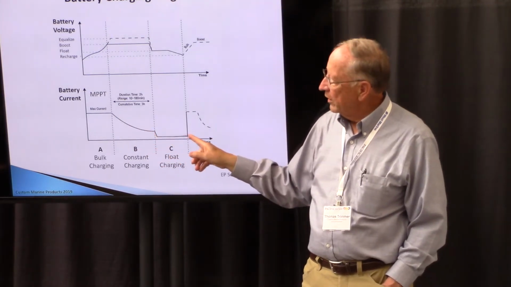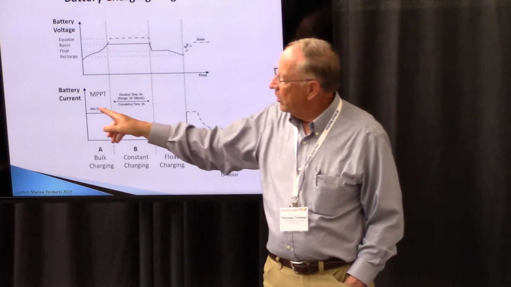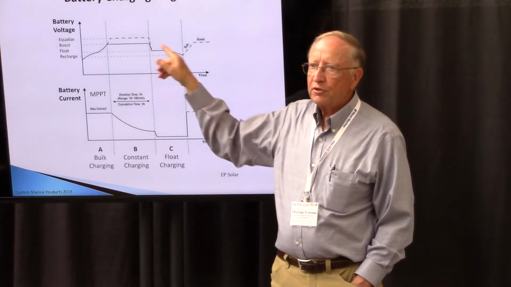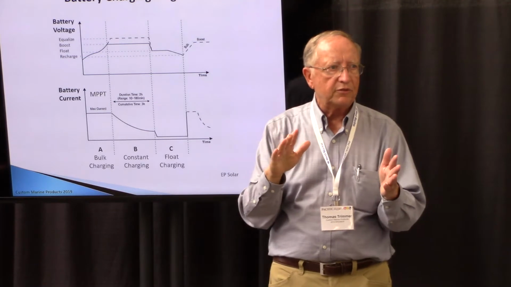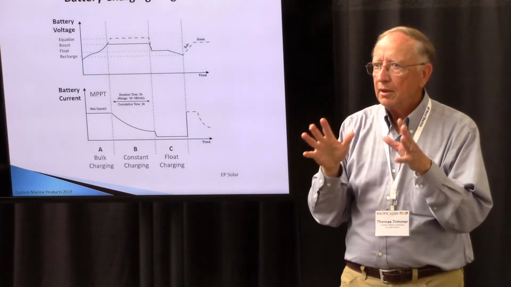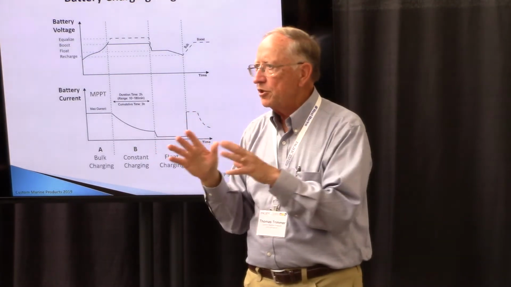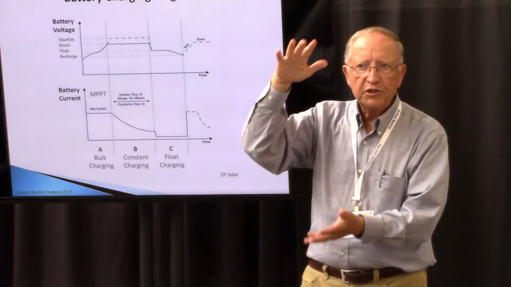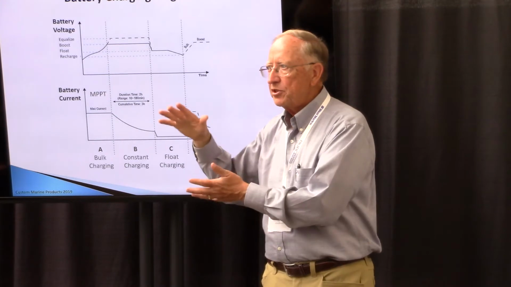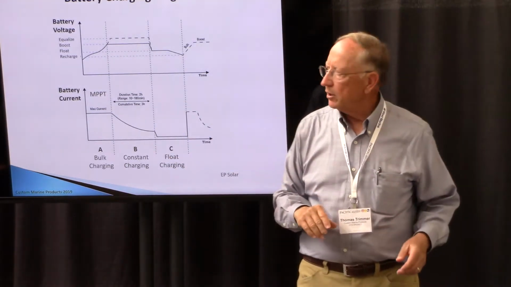Then when I go to float mode, I have very little current. So I've got a current curve and a voltage curve. That's what's going on in the different phases. So the controller will sense what the state of charge is, and then alter the voltage amperage combination to keep the battery healthy.